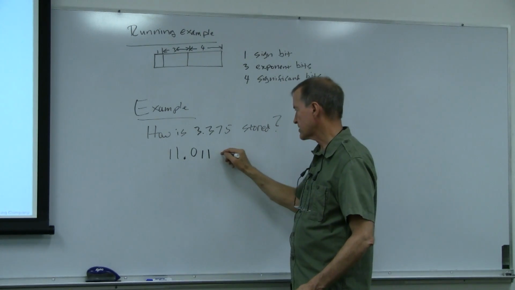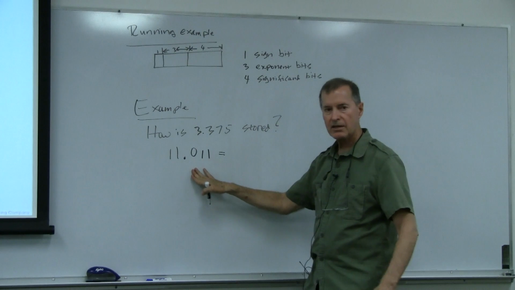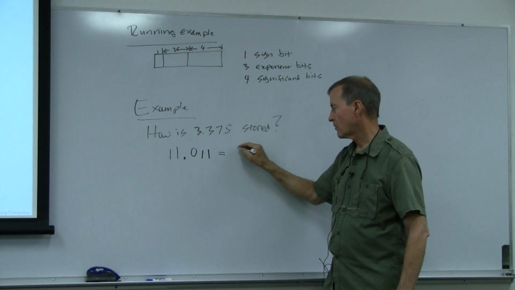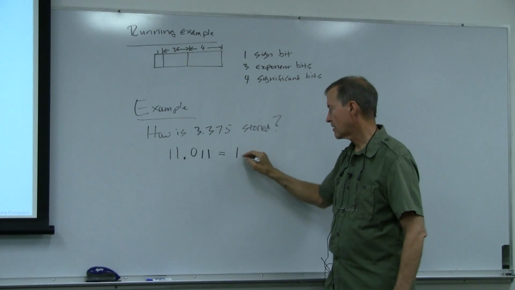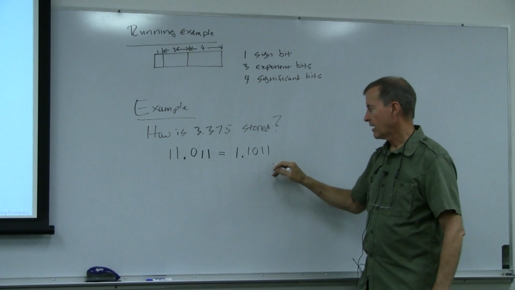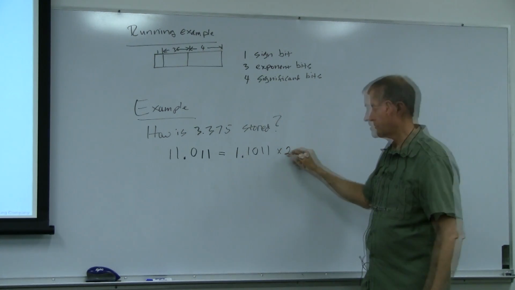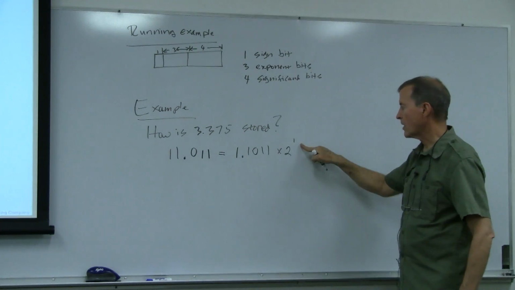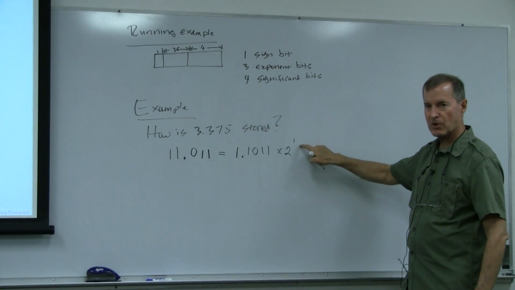And so what is this in binary scientific notation? So normalize it. What do we get? 1 point what? 1.1011. Is everybody clear? Times 2 to the what? Times 2 to the 1, right? So now how is 1 stored? Now this gets stored in excess representation.